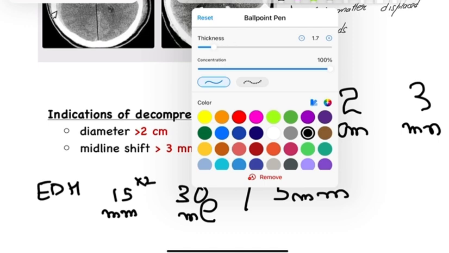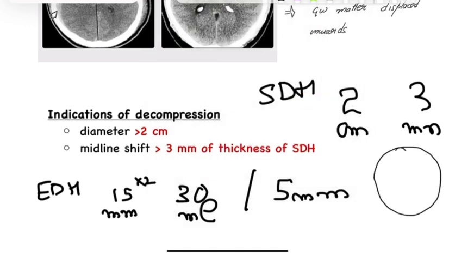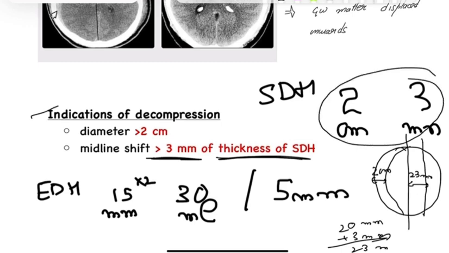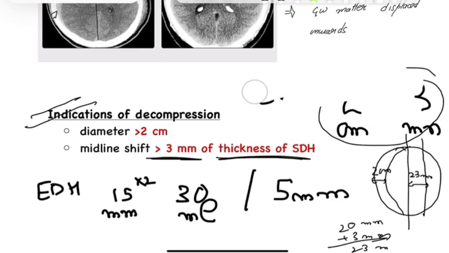So the thickness of the subdural hematoma should be more than 2 centimeters and the midline shift should be more than 3 mm. That is 20 mm plus 3 mm. If the midline shift here is 23 mm or more, then it will be considered as significant. So then this will become the indication for decompression.